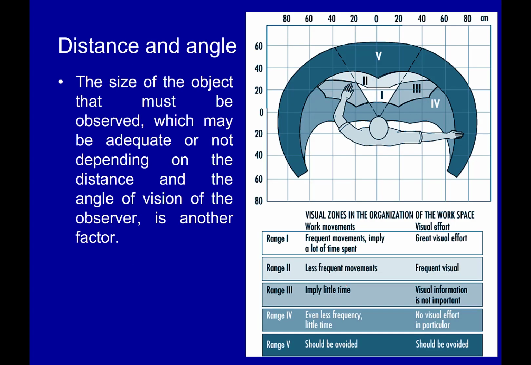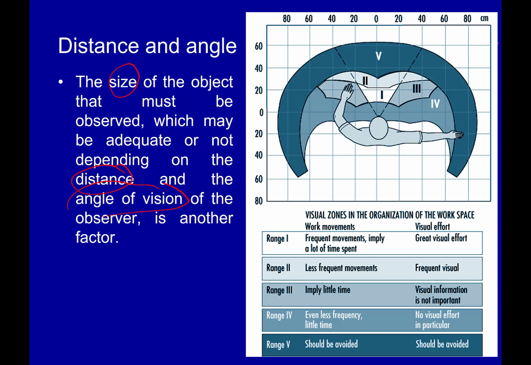Okay. This is another very important diagram, which shows that of course the visibility depends on the size of the object, the distance, and the angle of vision. This is the kind of diagram we saw in the case of the principles of motion economy.